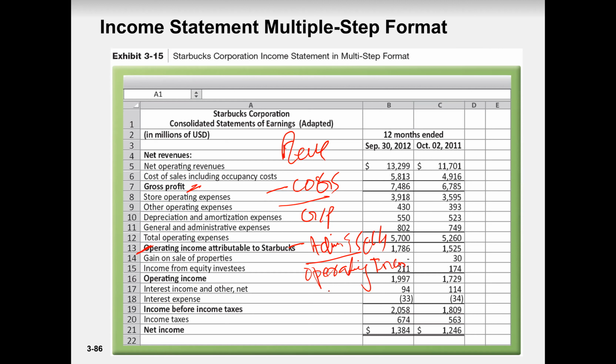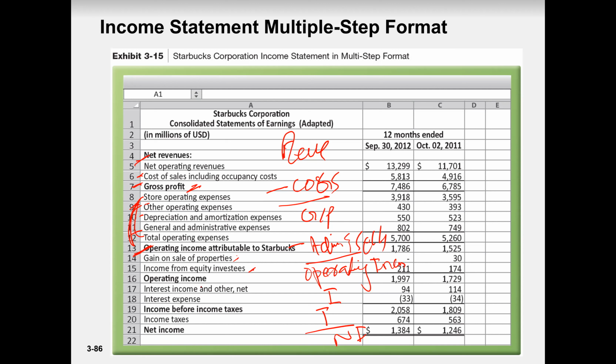And from operating income, you less interest, you less taxes, you find out net income. So here, all the revenue minus cost of goods sold, you have gross profit. From gross profit, all the administrative expenses, selling expenses here. Depreciation, general admin, selling expenses, all the marketing expenses whatsoever, right? All the expenses are here, which is operation related expenses. And then gain of sale of properties, all the other stuff, you write it down here.